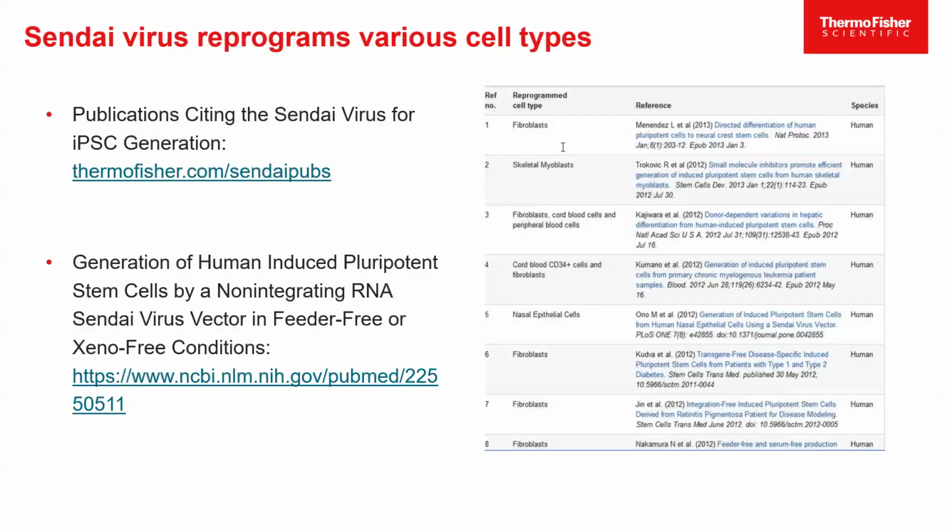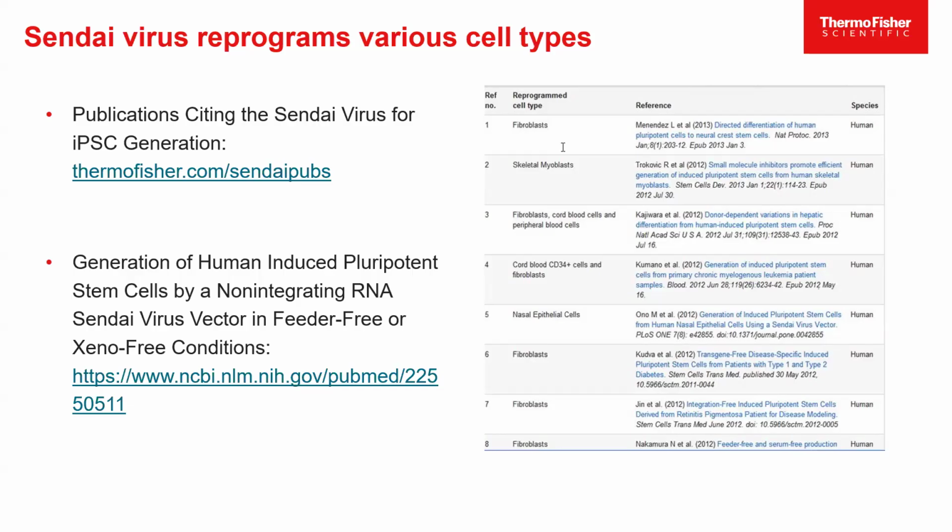And before I do that, just a couple of things I wanted to also share. As I mentioned, the Sendai virus or the Sendai method is widely used. It's actually one of the more efficient reprogramming methods currently, and for a whole bunch of different cell types and a whole bunch of different species.